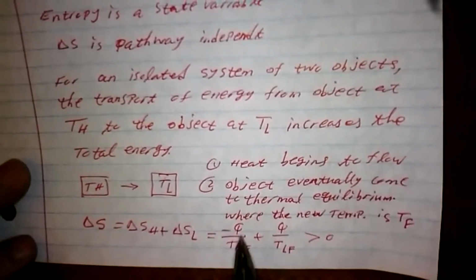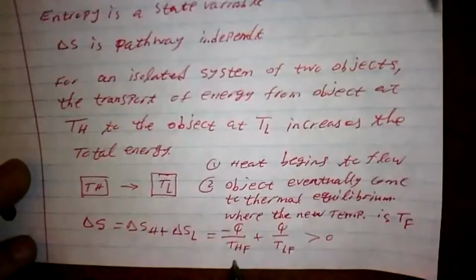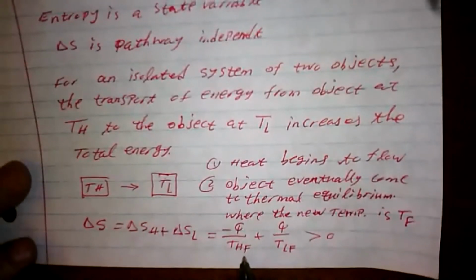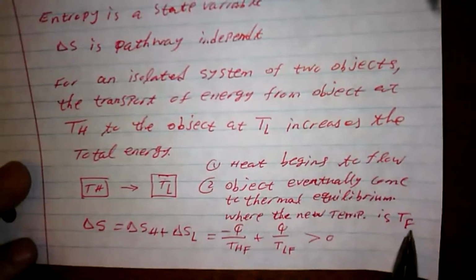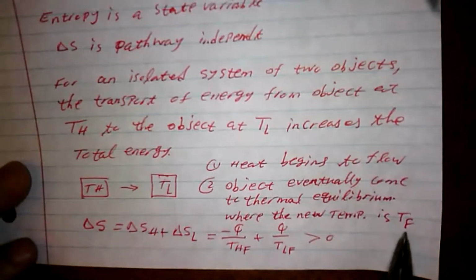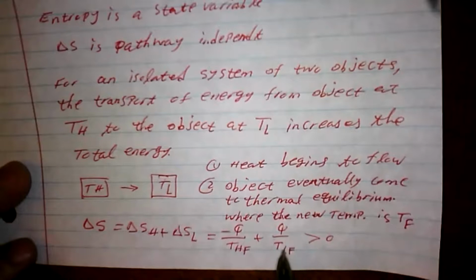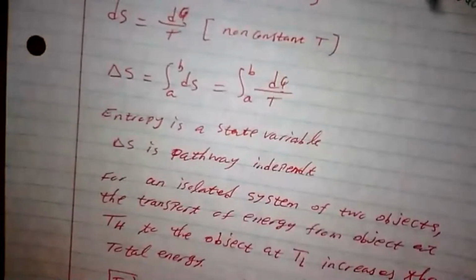We can rewrite this as minus Q over TH for the hot reservoir, plus Q over TC for the cold reservoir. This result is always greater than 0.